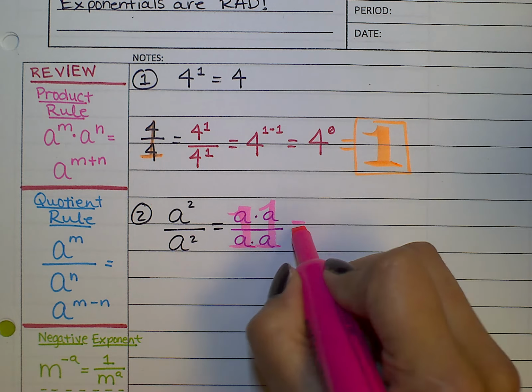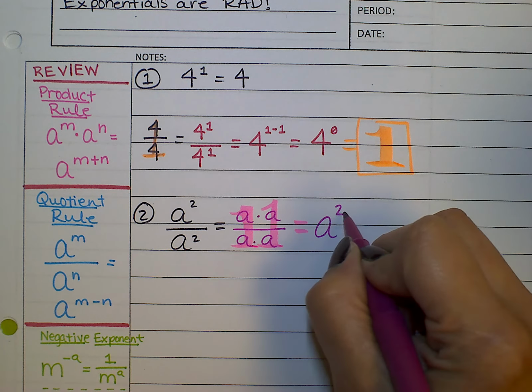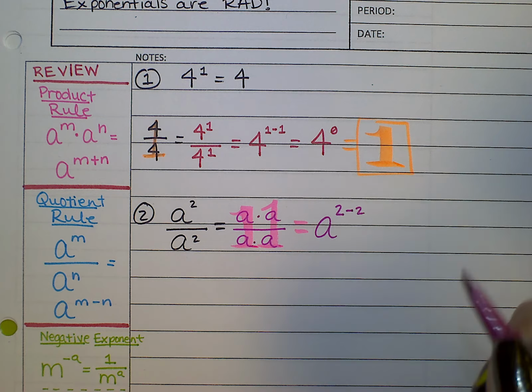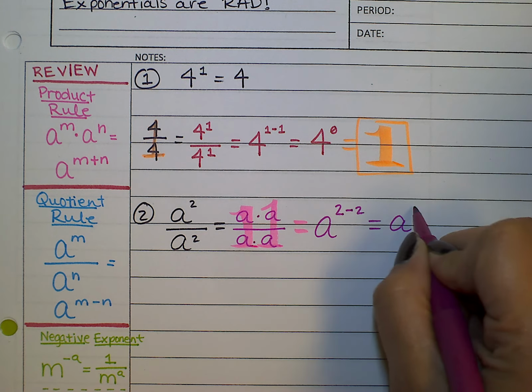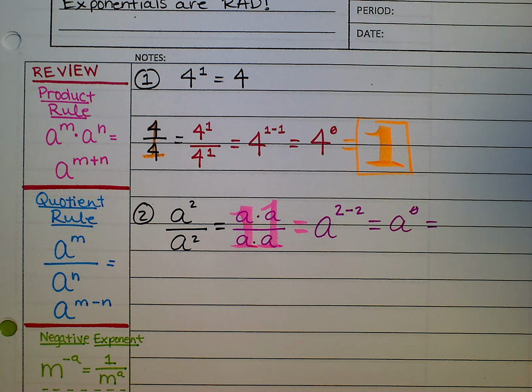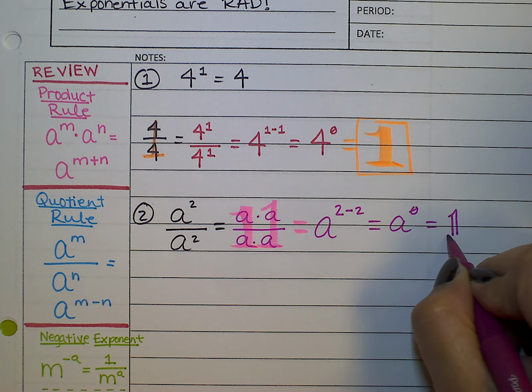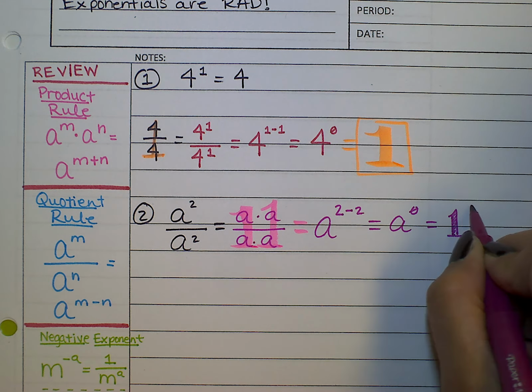So essentially, I could have used the quotient rule and said a to the power of 2 minus 2 is equal to, well, 0, but I already knew that both of these are going to reduce to 1, leaving me with simply 1.